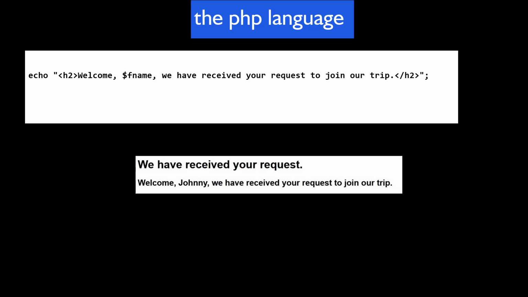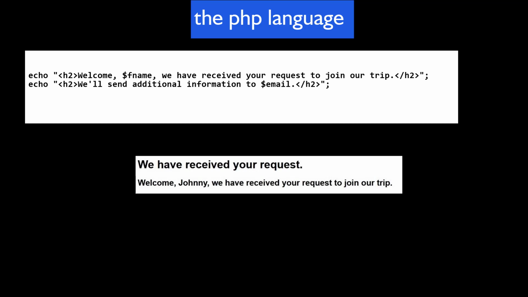So we can add a line such as echo double quote H2 start tag will send additional information to $email H2 end tag semicolon, which will echo back the second variable. But it would be very user-friendly if we give the user an option of where to go from here.